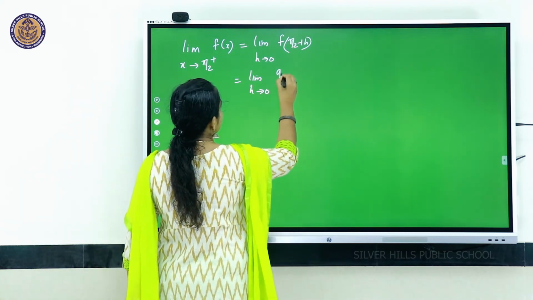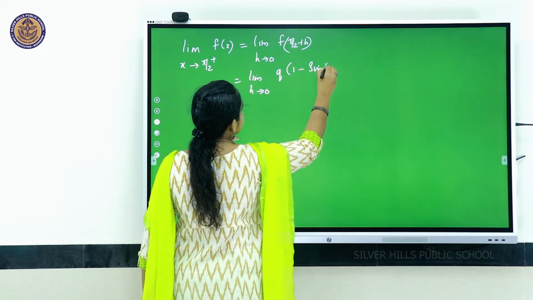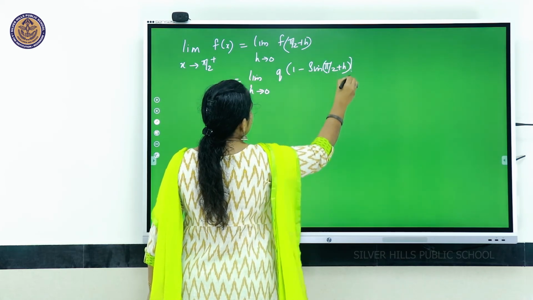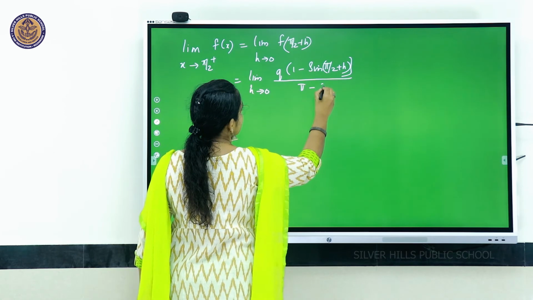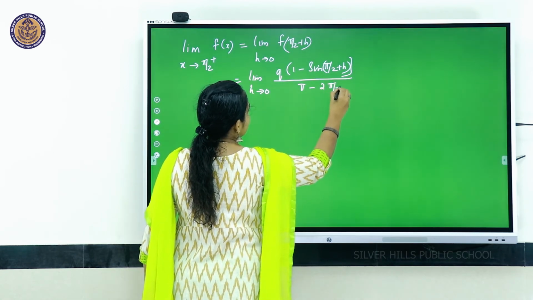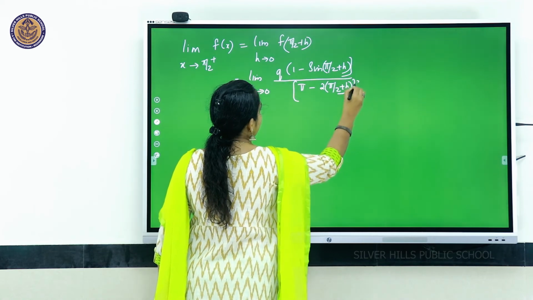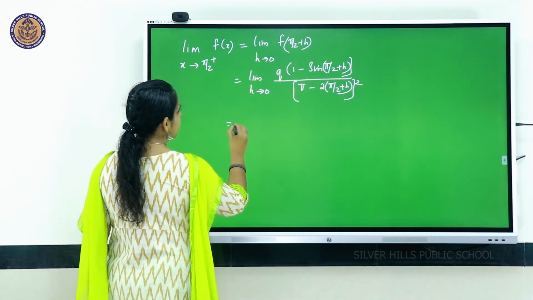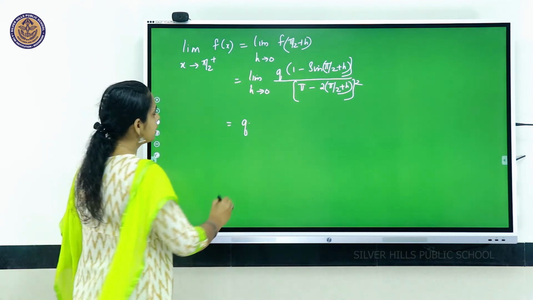Q into (1 minus sin x) divided by (pi minus 2x) whole square. Correct? Equal to q, we can take as constant outside.